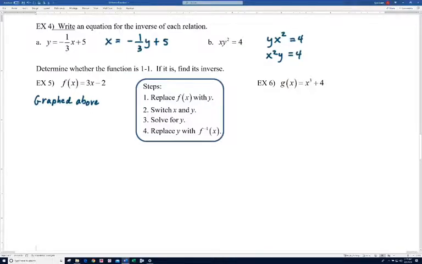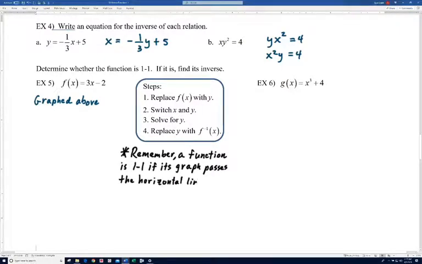Well, we actually graphed that just a minute ago. Remember we have this guideline: a function is 1 to 1 if its graph passes the horizontal line test. And the one that we just graphed up above is definitely 1 to 1.